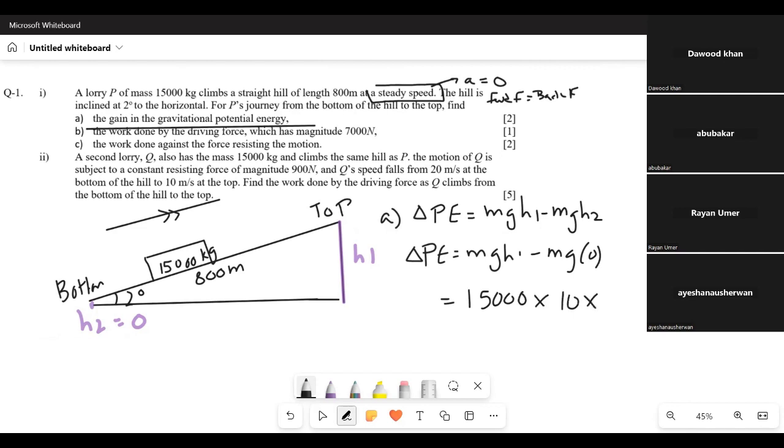And height h1 is this perpendicular height. Height in potential energy is always the perpendicular. So we can find it using trigonometry.